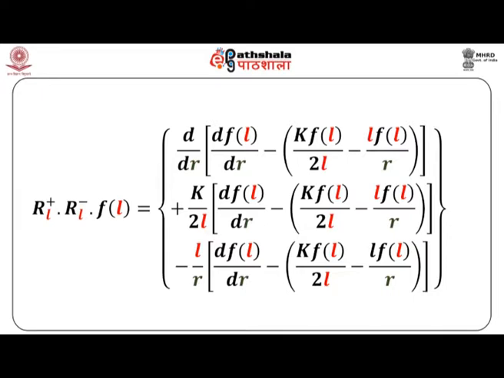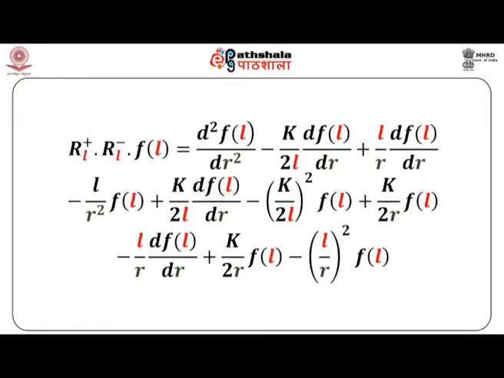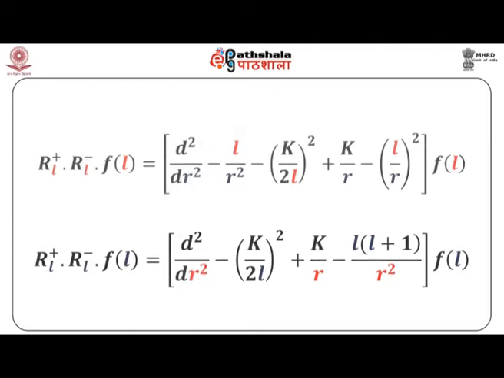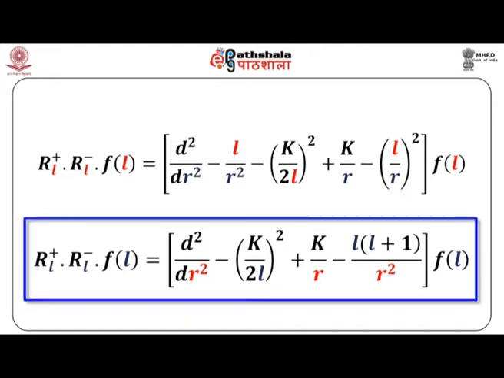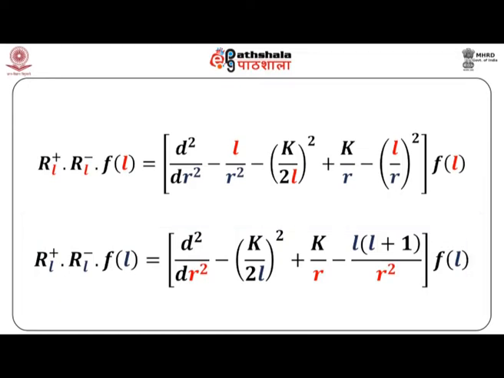You can see this operator has been solved through a number of equations in a very systematic way, and ultimately we get this equation: RL plus RL minus Fl equals d²/dr² minus (K/2L) whole square plus K/r minus L(L+1)/r², parenthesis closed, Fl. So this is the equation which we get through this operation.